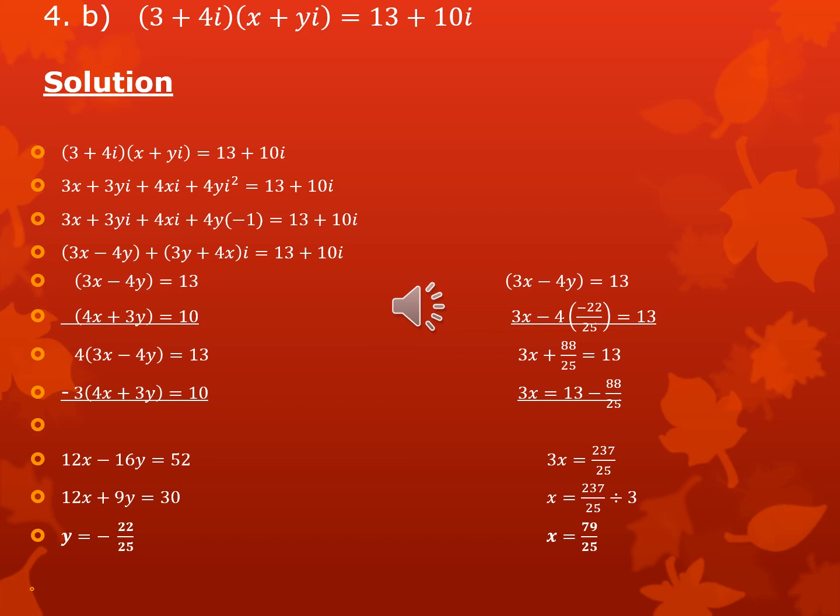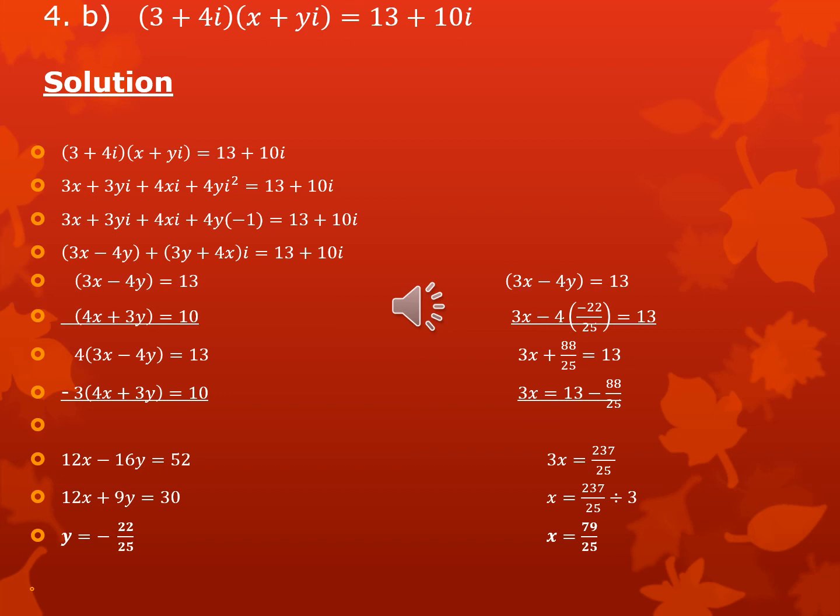Second equation is 12x plus 9y is equal to 30. In order to eliminate x, we need to subtract the two equations. So 12x minus 12x is equal to 0. 16y minus 9y is negative 25y. 52 minus 30 is equal to 22.